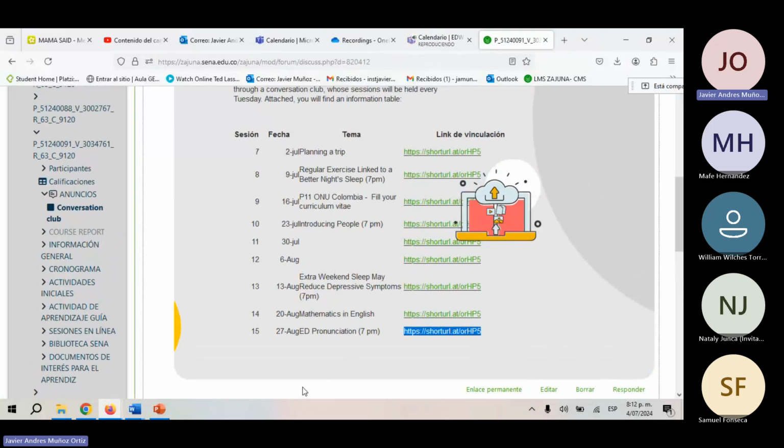And the last session, at least according to the schedule, is going to be on August 27th. So next week, we are going to talk about regular exercise linked to a better night's sleep. This is my session. The following one is going to be Joanna's session, about the United Nations, Colombia. The next one is going to be introducing people.